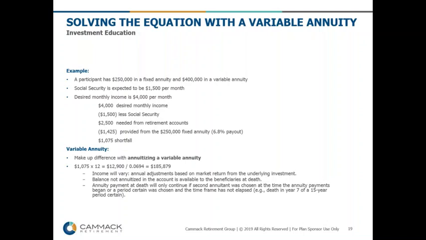The balance not annuitized in the account is available to the beneficiaries at death, but the annuity payment at death will only continue if the second annuitant was chosen at the time that the annuity payments began, or a period certain was chosen and the time frame has not elapsed. So if you had a 10-year period certain, and it's been 12 years since you started the annuity, then there's no money left unless you had a joint annuitant.